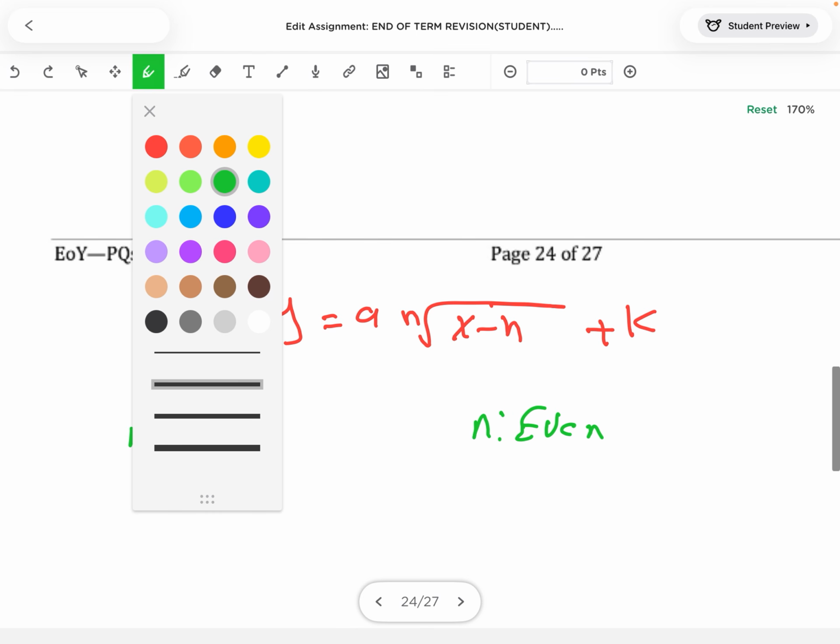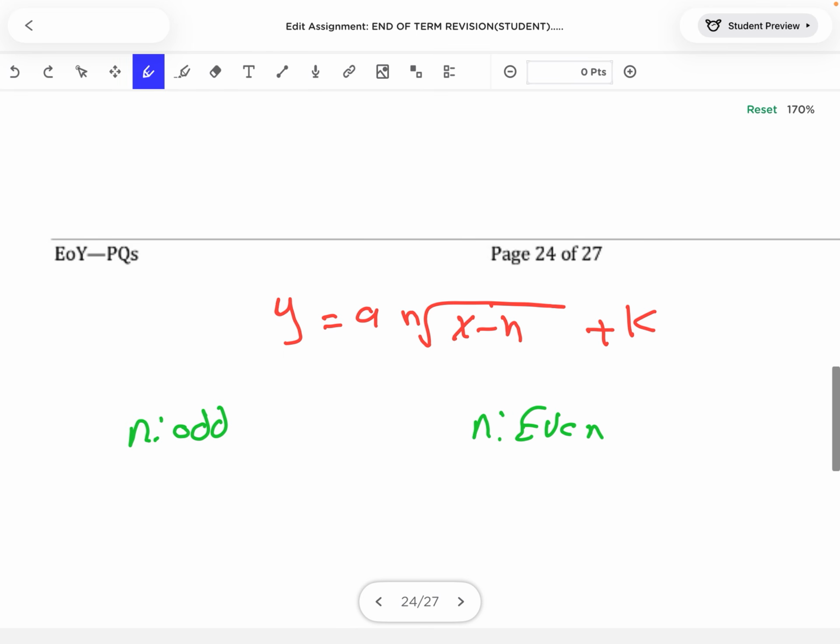For the odd radical, domain and range both are from negative infinity to infinity.